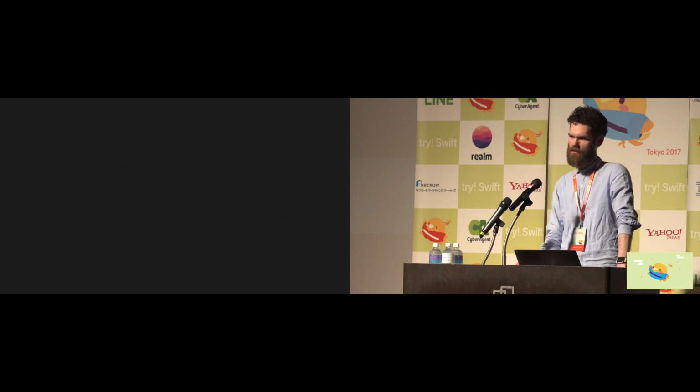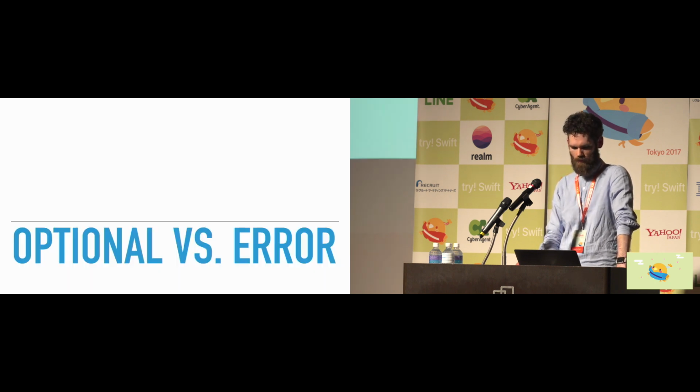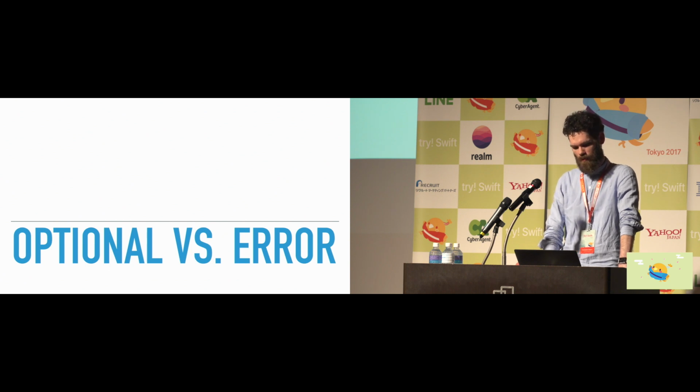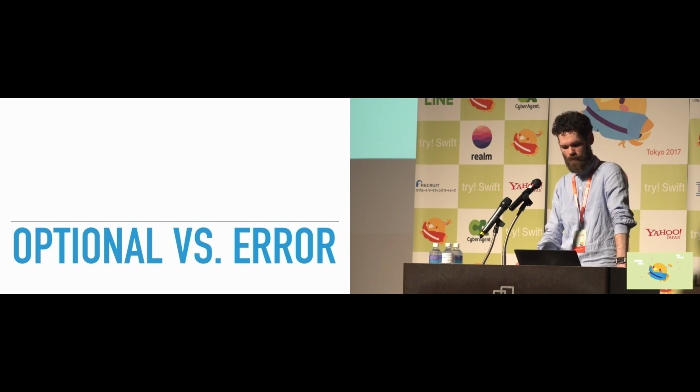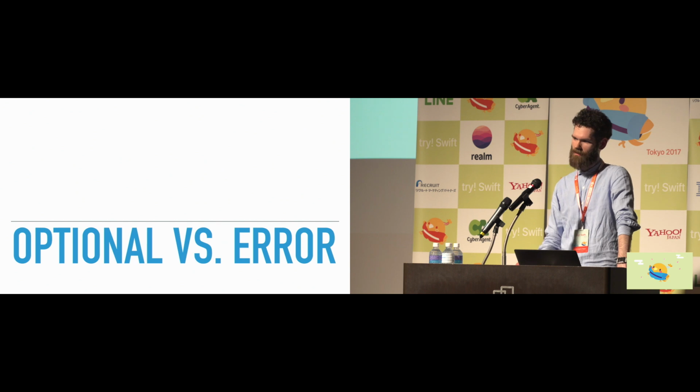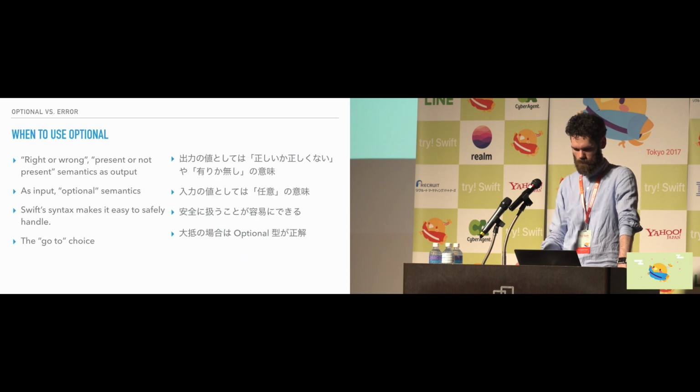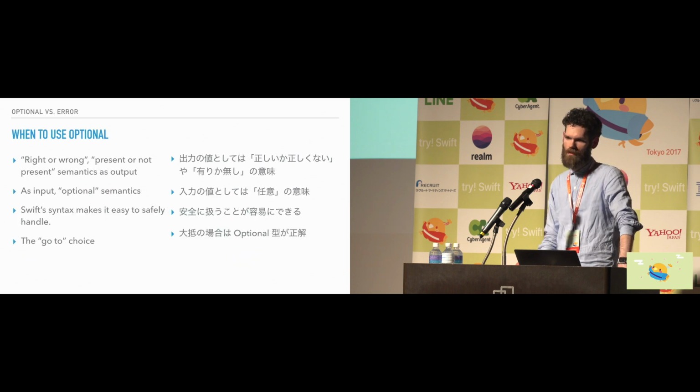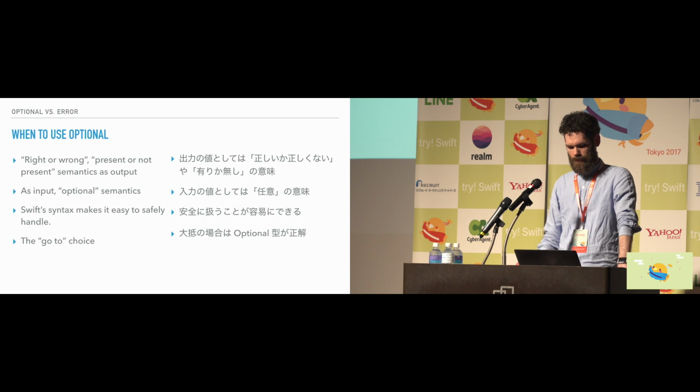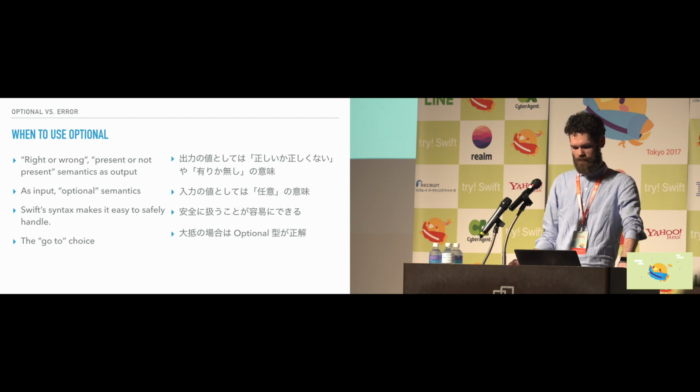Now I'd like to switch gears and talk about the actual error type in Swift. More specifically, when to use the error type over an optional and vice versa. An optional type, when used as output, typically represents a right or wrong value, or just the presence or absence of a value.